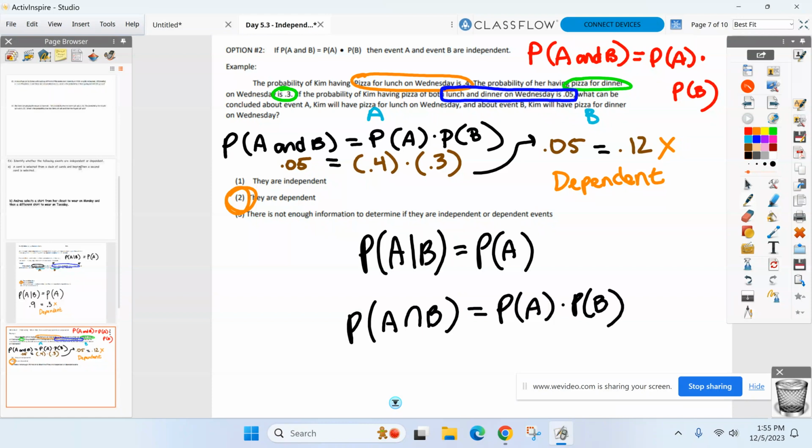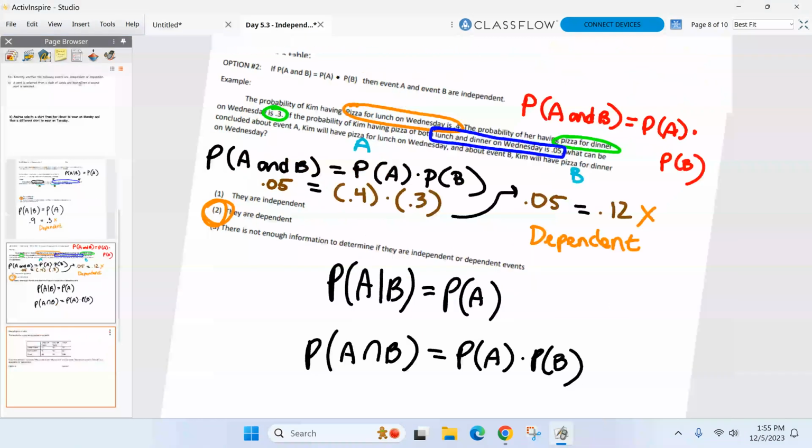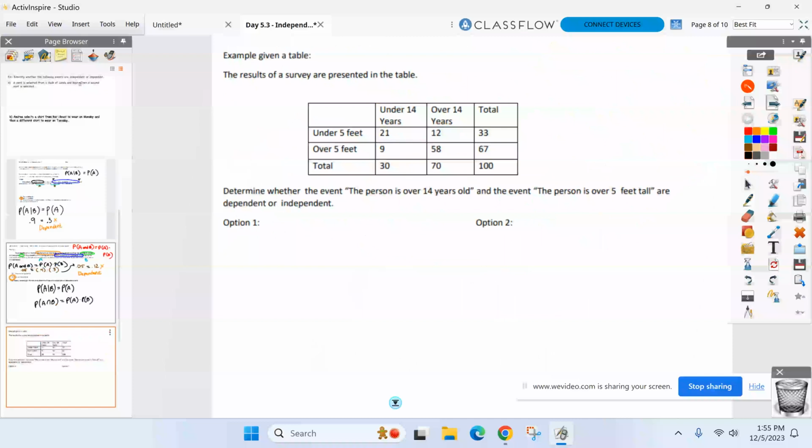All right, now, both of these last examples, every single value we needed was already there. What if it's not and we have to calculate it? Here's our table again with the under 5, over 5, under 14 years old, and over 14 years old. What I want to know here is the person over 14 years old and the person is over 5 feet tall. Are they dependent or independent?